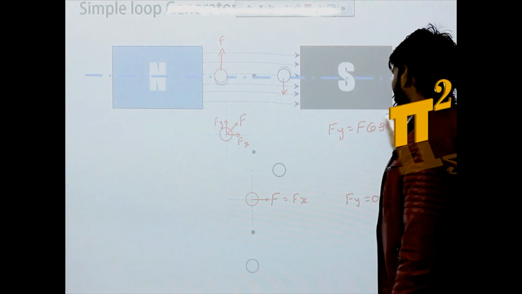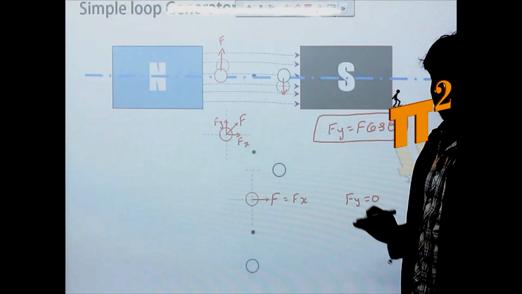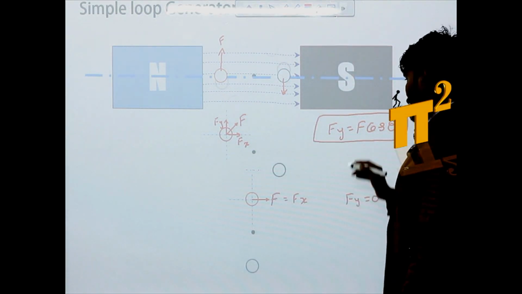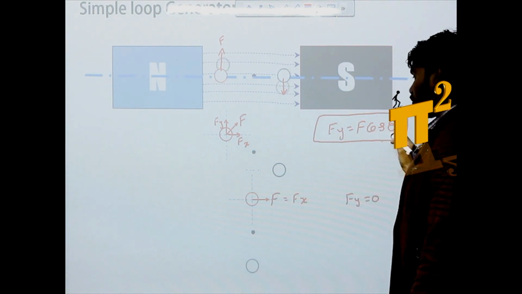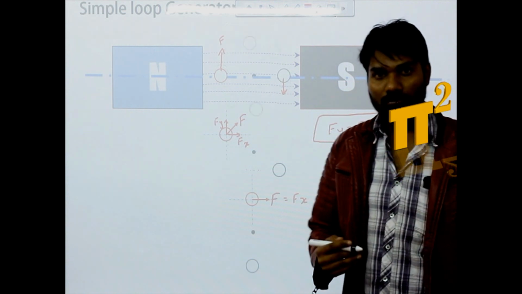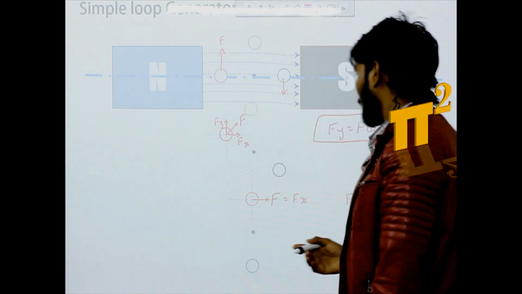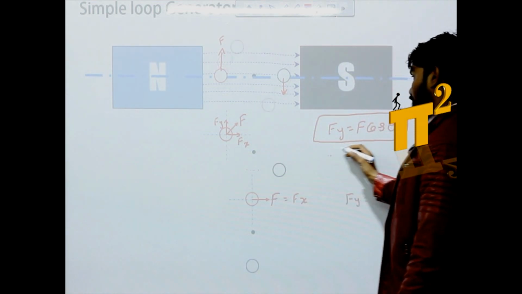So this is the conclusion of this part, that is Fy is equal to F cos theta. The force which is responsible for EMF induction is changing in this fashion.